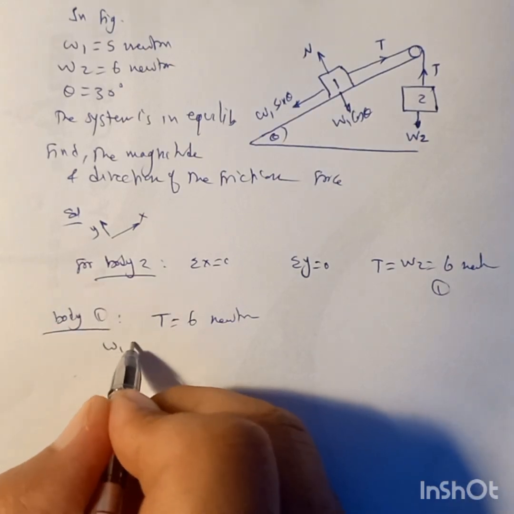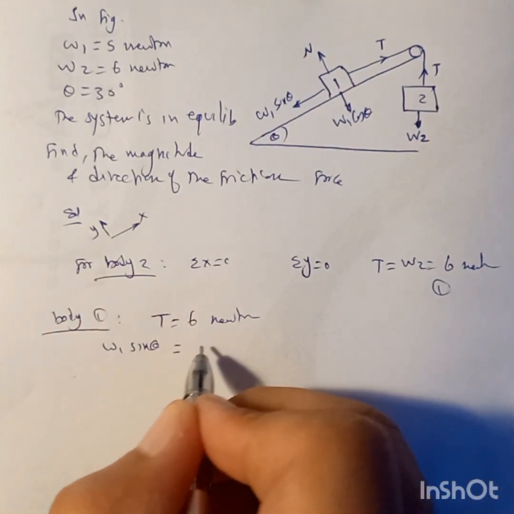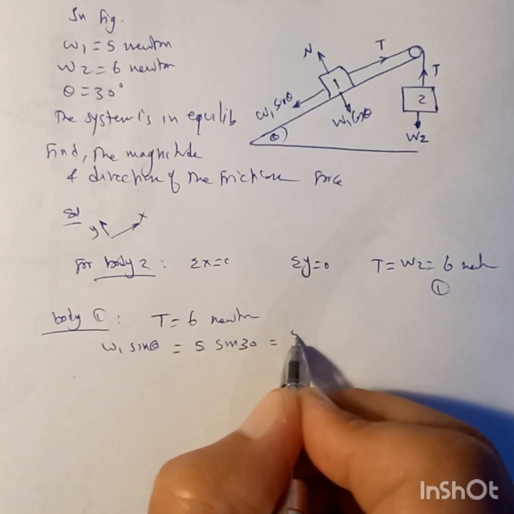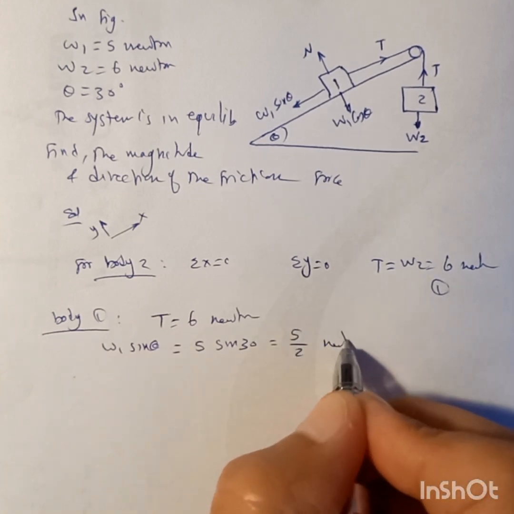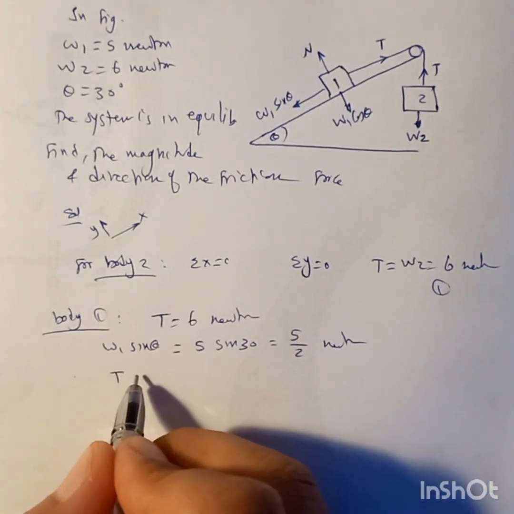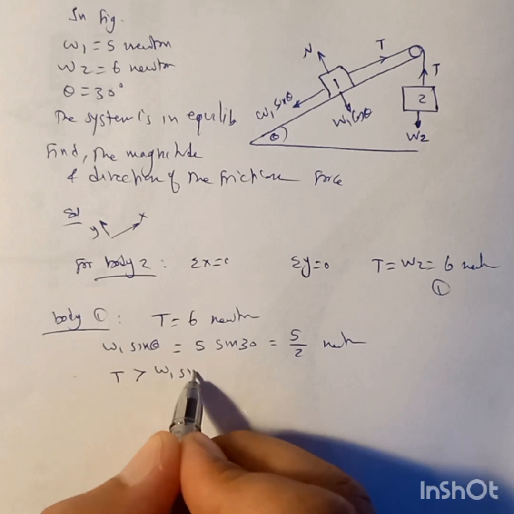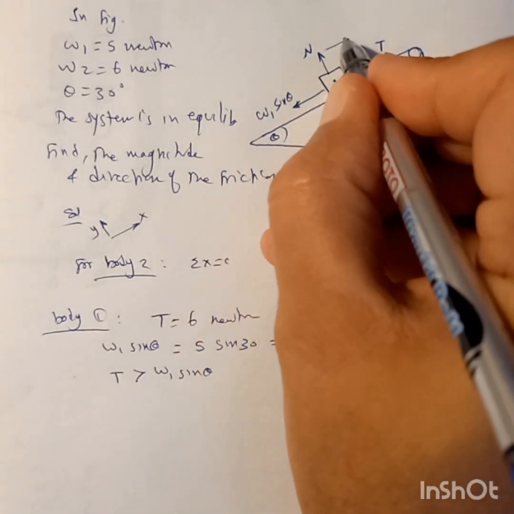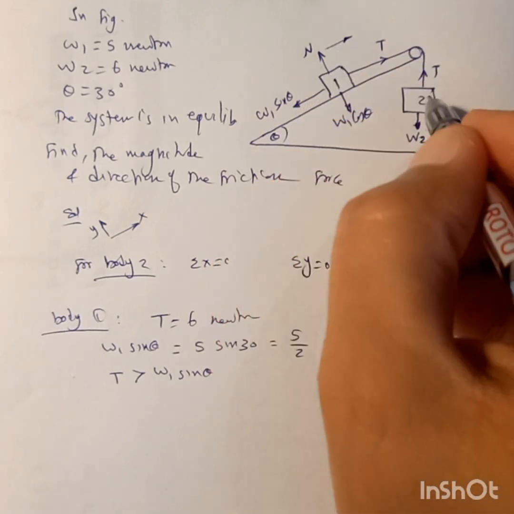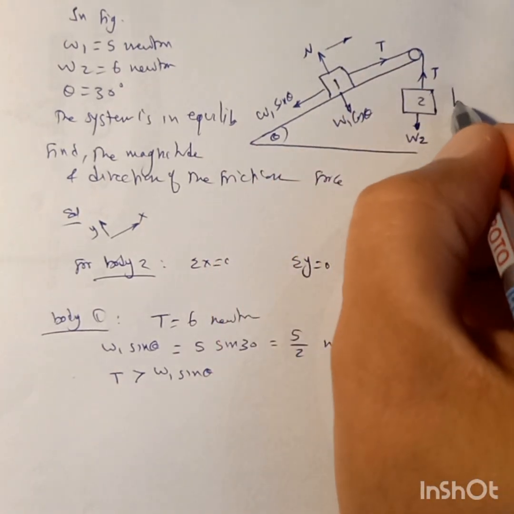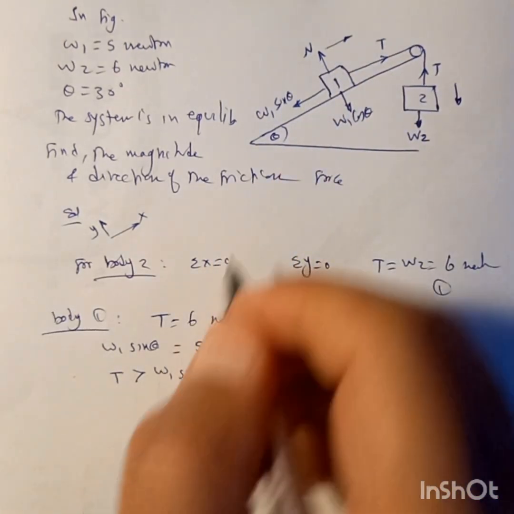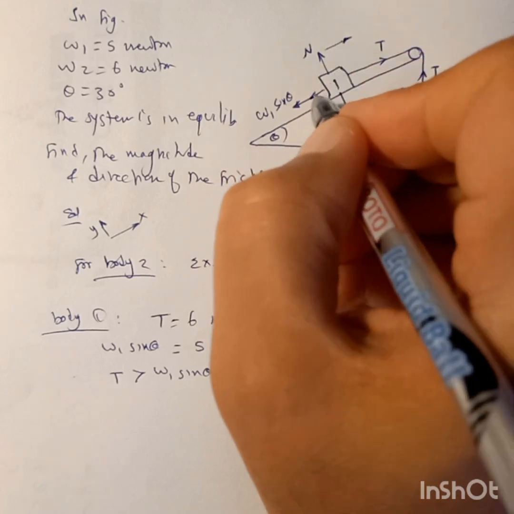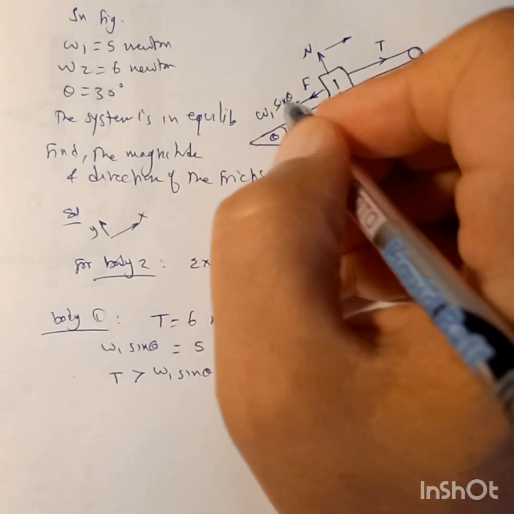We have W1 sine theta, and W1 is 5, sine 30, then this equals 5 over 2 Newton. Then it's clear that T is greater than W1 sine theta. Then the expected motion direction of this body is upward along the plane like this, and the suspended body will move downwards like this. Then in the opposite direction to this expected motion direction of body number 1, we have the friction force F.